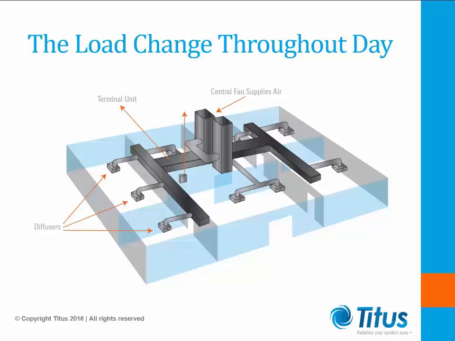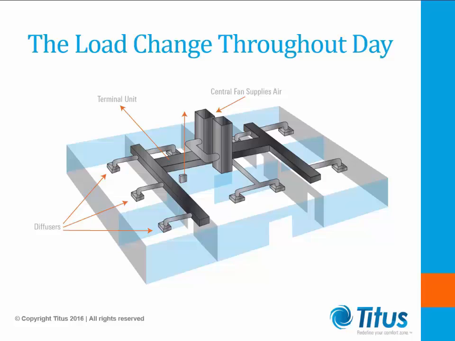Fan-powered boxes have, of course, fans which can deliver more airflow in a particular zone that may suffer because the airflow begins to decline in that particular perimeter area. Also, single duct boxes with reheat can be used.